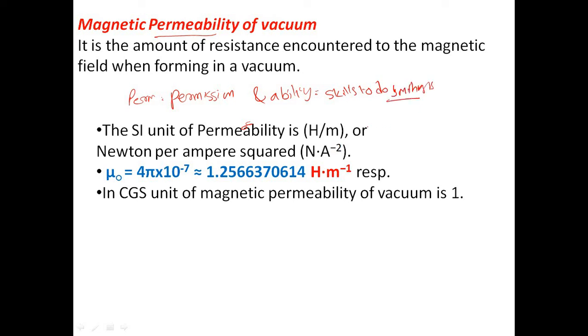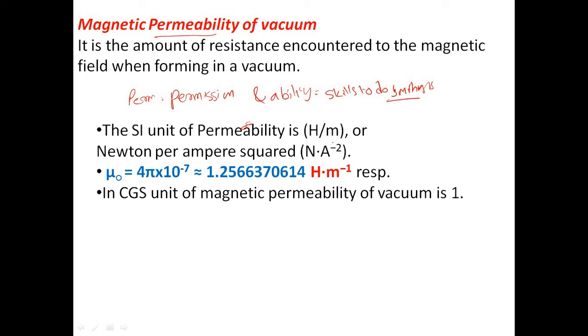If we combine these two words, the permission and the skill to do something, the word formed is permeability. So permeability is the ability of a material to be easily magnetized. That is what magnetic permeability is.